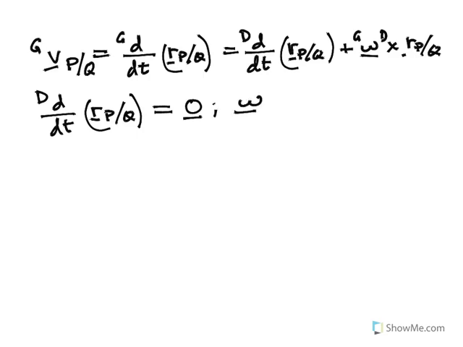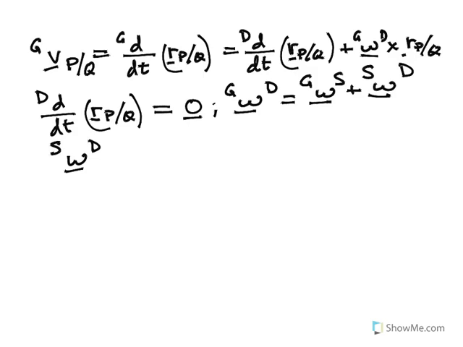The angular velocity of the disk as viewed by an observer fixed to the ground is going to equal the angular velocity of the shaft as viewed by an observer fixed to the ground plus the angular velocity of the disk as viewed by an observer fixed to the shaft. The angular velocity of the shaft as viewed by an observer fixed to the ground we already have. So we now need the angular velocity of the disk as viewed by an observer fixed to the shaft, and that's equal to theta dot times uz.